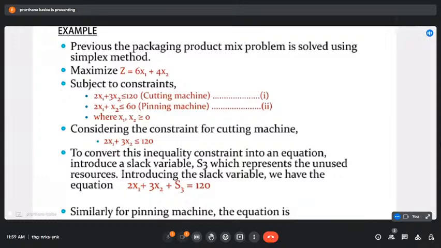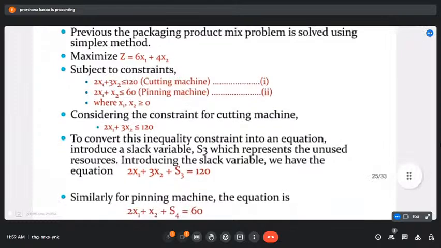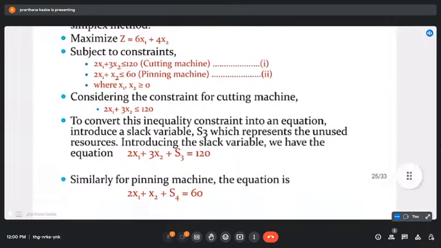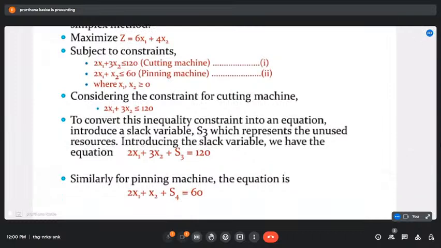That is our objective function, subject to constraints, the same as used in the first graphic method: 2x1 + 3x2 ≤ 120, cutting machine, and 2x1 + x2 ≤ 60, spinning machine, where x1, x2 ≥ 0, that is our non-negativity condition.